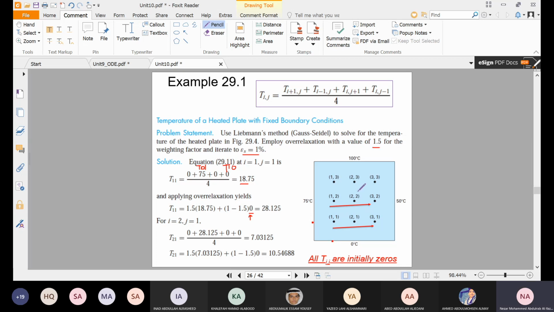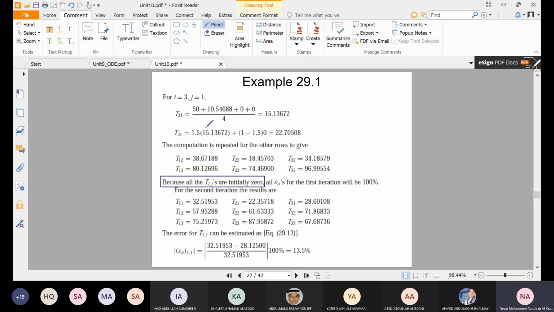Because we assumed the temperatures for all the inner nodes are zeros at the beginning, the approximate error is 100% at the beginning.